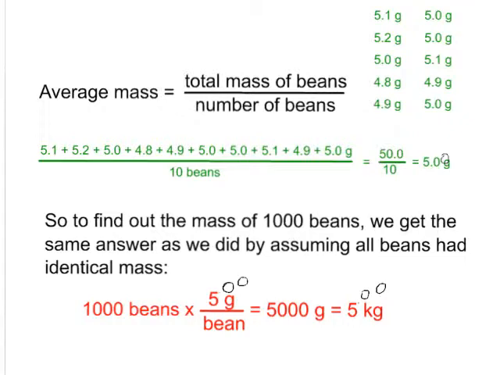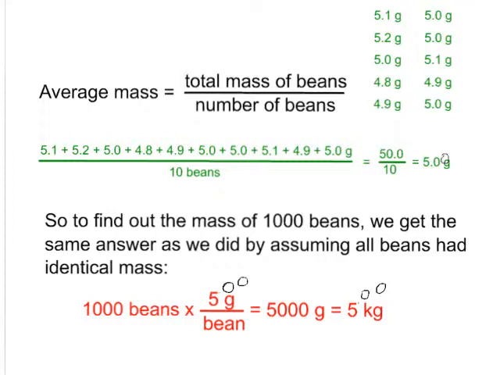They're all equal in the number of significant figures, with one after the decimal point. So we can have one significant figure after the decimal point when we add them up. So our sum is 50.0. We have 10 beans. That's an exact value, so that does not affect our counting of significant figures. So our answer is actually 5.00 grams.